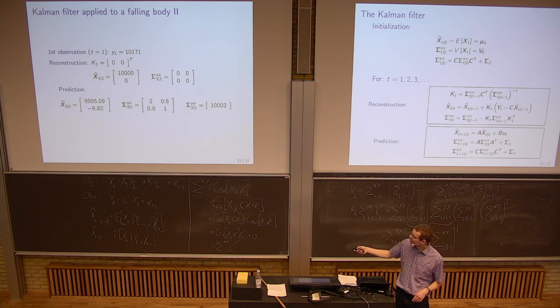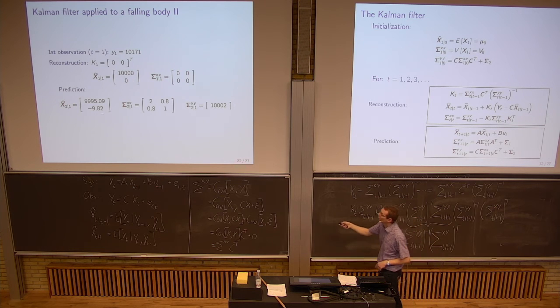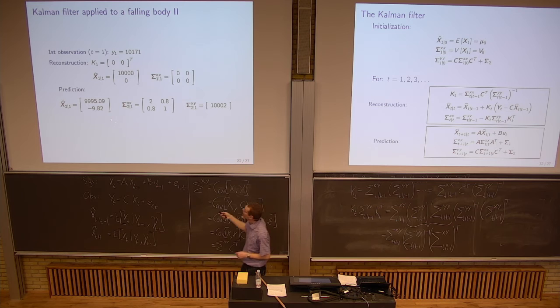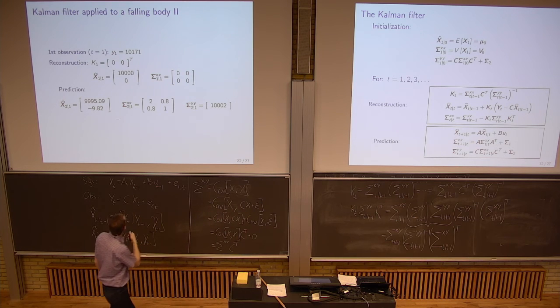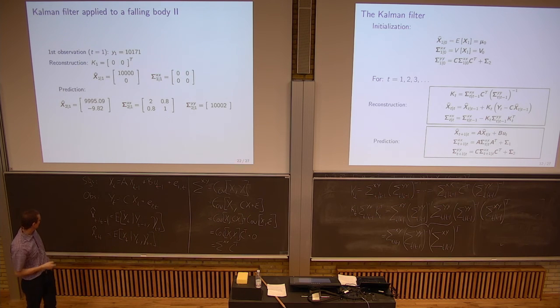Now we make a prediction, A times the state that we predicted. So we move a little bit downwards with the acceleration. And now we start to add, I don't have this here, but I have it for this over here, the prediction of the state covariance matrix, which is A times the previous reconstructed covariance times A transpose.